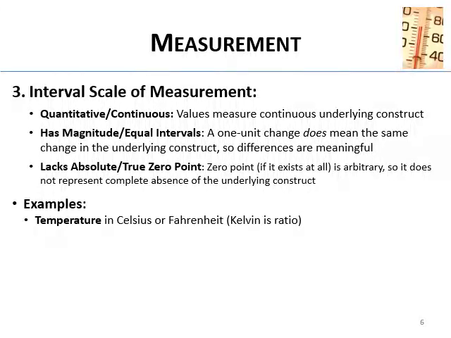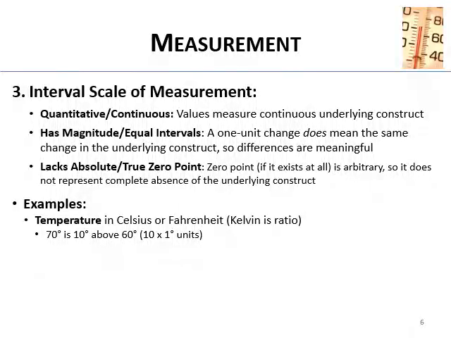It's something like that, right? But what is 0 on Fahrenheit and Celsius? Does that mean the complete absence of heat? No, right? So they are not the next level, which is going to be a ratio. They do not have a true 0 point, but they do have meaning in terms of quantity and magnitude.